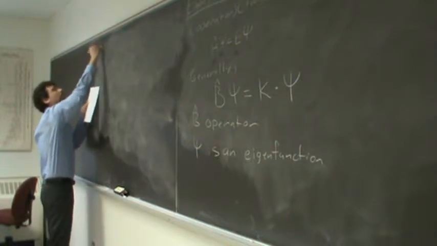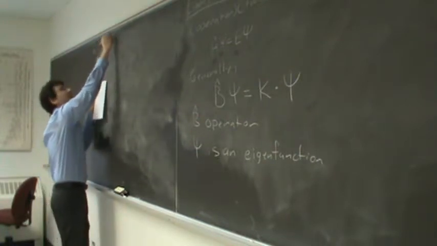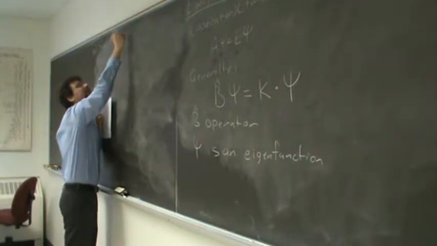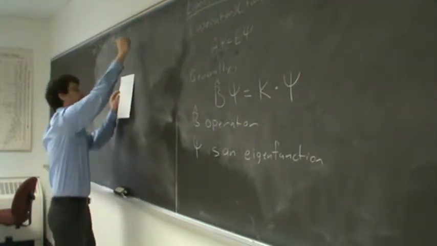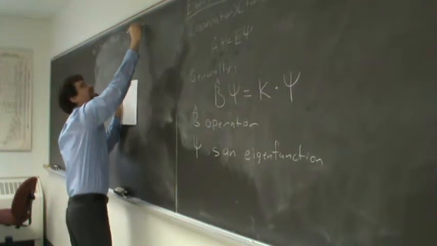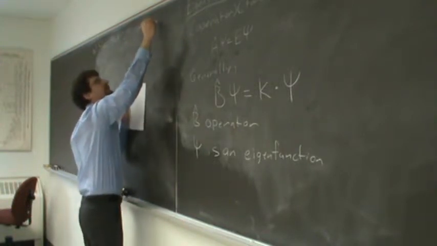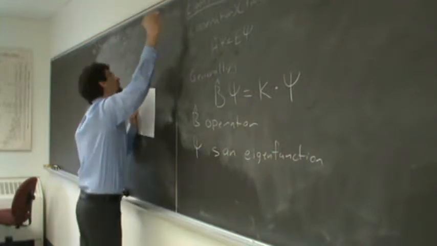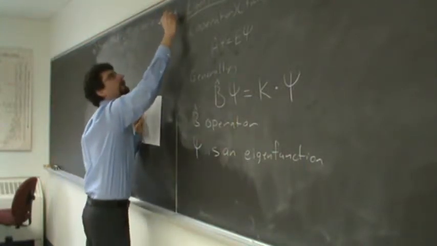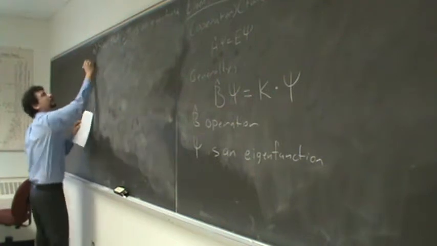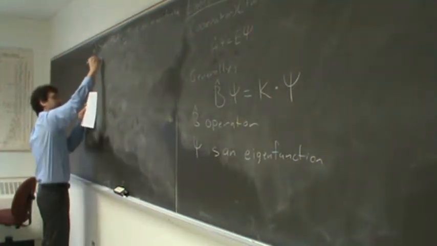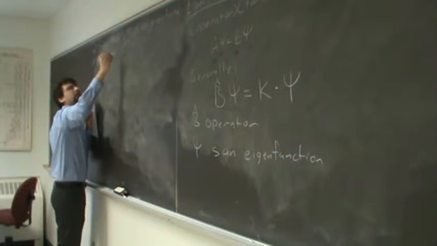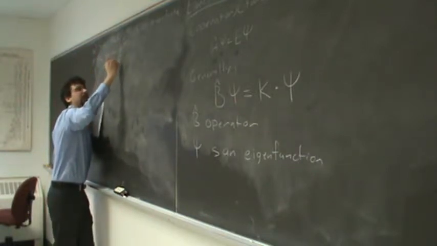So we want to show that e to the ax is an eigenfunction of the operator d/dx.